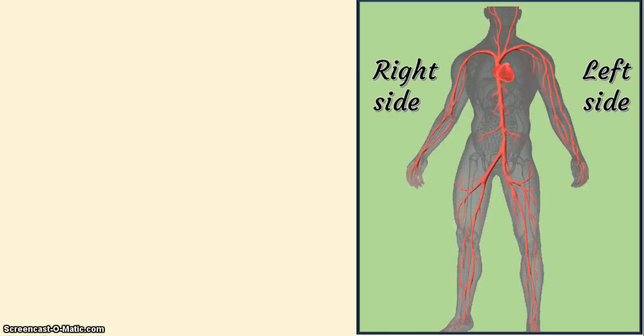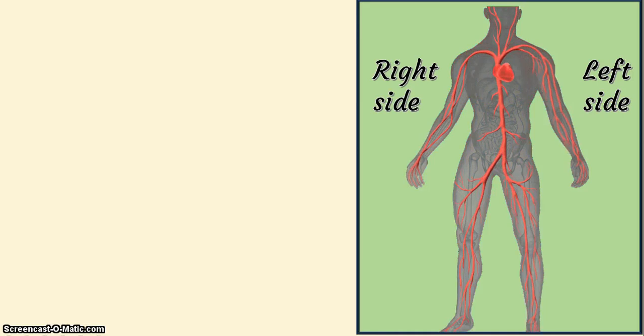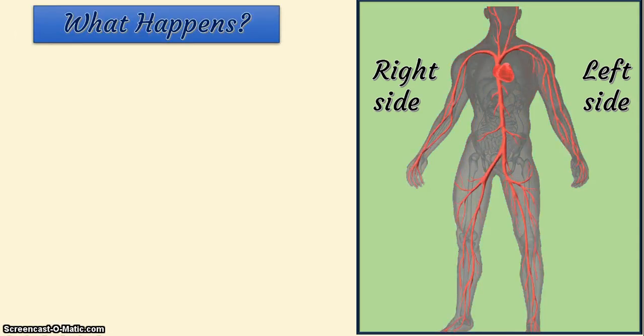We move on. The heart, right there in the human body, you can see it. We divide the body into 2 parts, the right side and the left side. So we look at this closely. What happens as the heart beats? It's very simple.